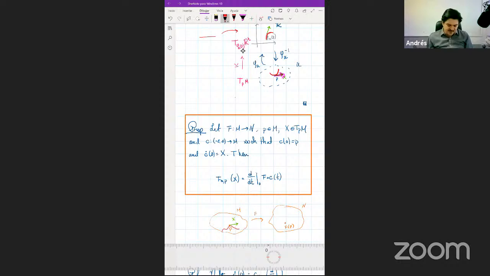Right, so this is C. It goes from some interval in the reals to the manifold.